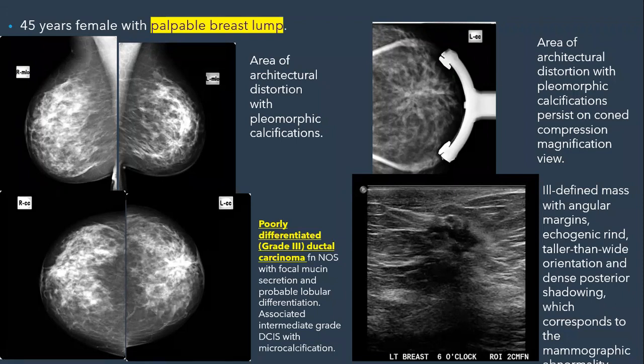Since there is a palpable abnormality, you have to explain why she has it. If you could not see it in these images, do the other images. If you could not see it on mammography, proceed to ultrasound, and so forth. You have to explain it.